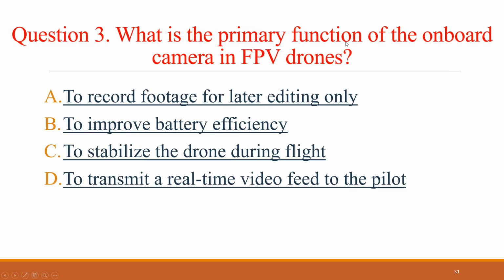Question 3. What is the primary function of the onboard camera in FPV drones? The correct answer is to transmit a real-time video feed to the pilot.